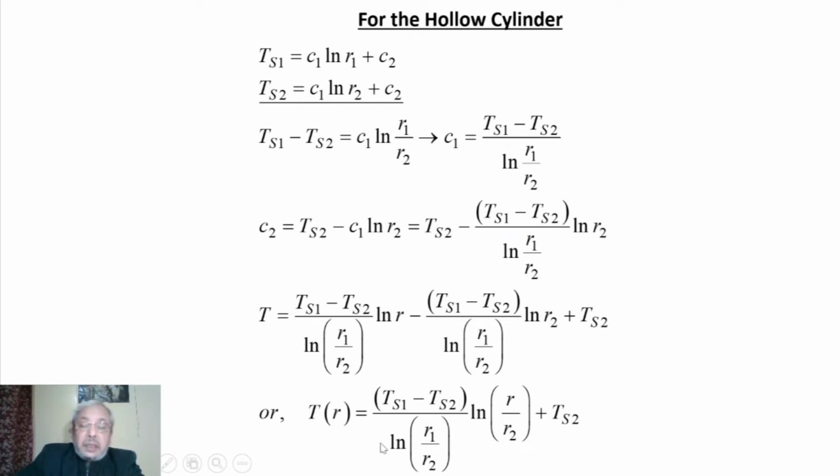So T(r), the general solution, is (Ts1 minus Ts2) divided by ln r1 by r2, into ln r by r2, plus Ts2. This is the general expression, which is a function of r.